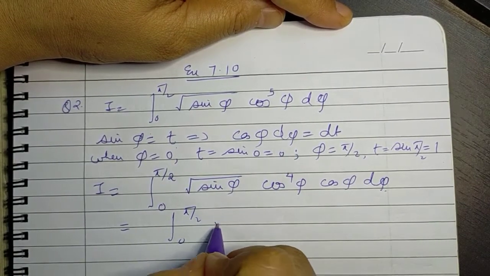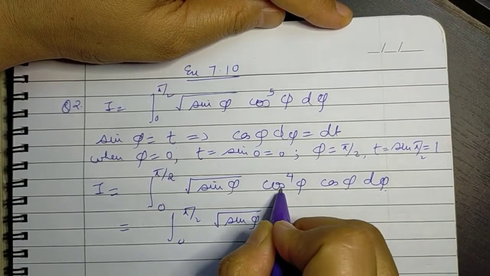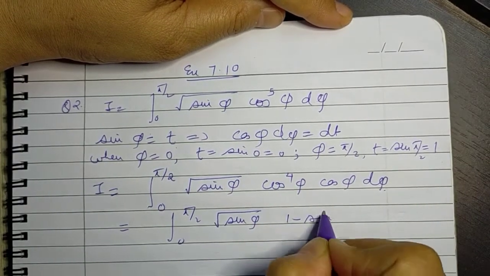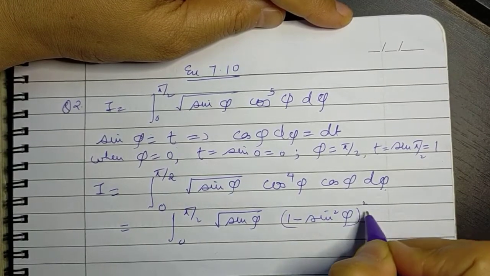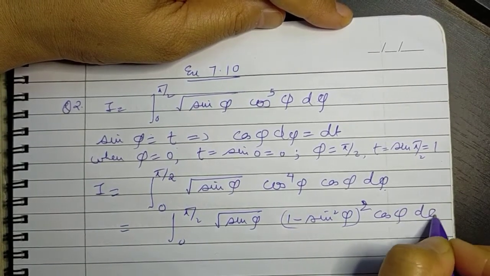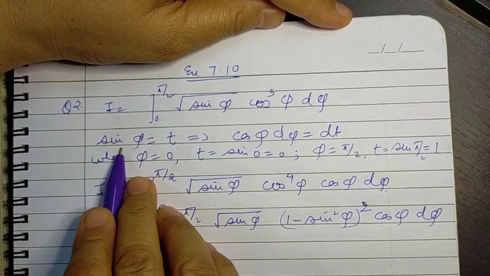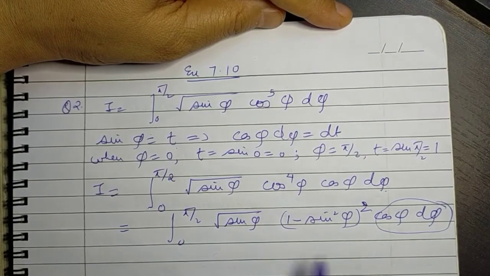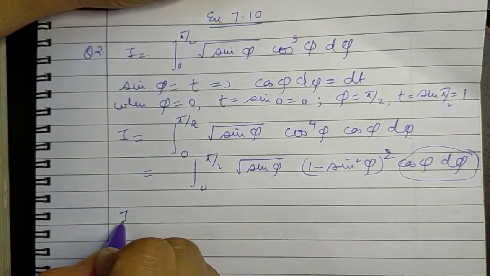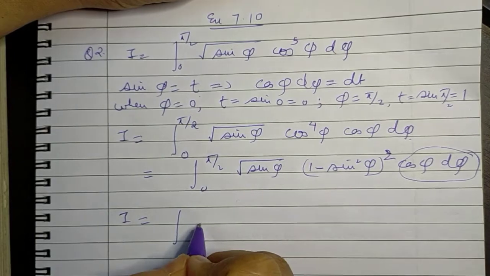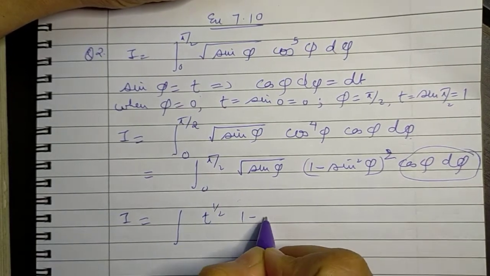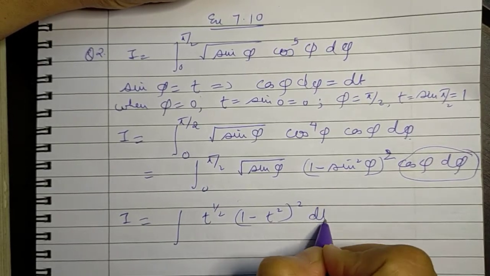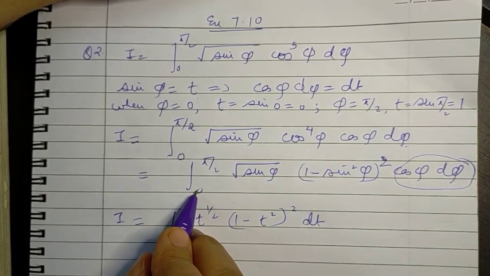Now square root of sine phi, and this is cos squared phi whole squared. So 1 minus sine squared phi whole squared into cos phi d phi. At this stage, when you substitute sine phi as t, cos phi d phi gets absorbed in dt, and so we get I is equal to t raised to half into 1 minus t squared whole squared, and cos phi d phi becomes dt.